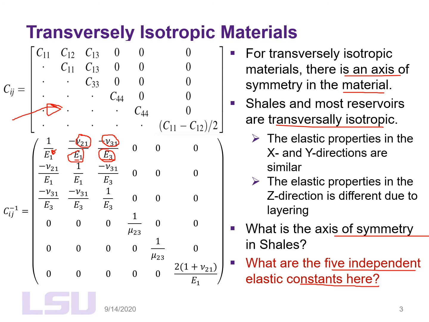We already used these. Then mu 2, 3. Those are the 5 independent elastic constants. And you can see they're independent because the one in this direction is different, E1 is different from E3. ν2-1 is different from ν3-1. And we'll stop here.